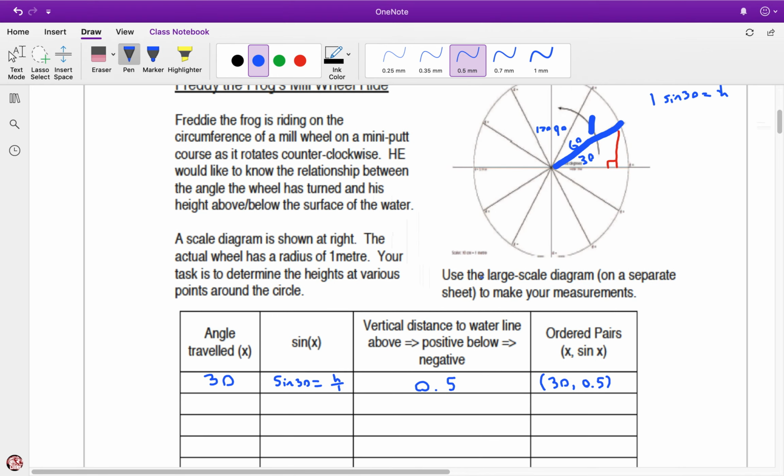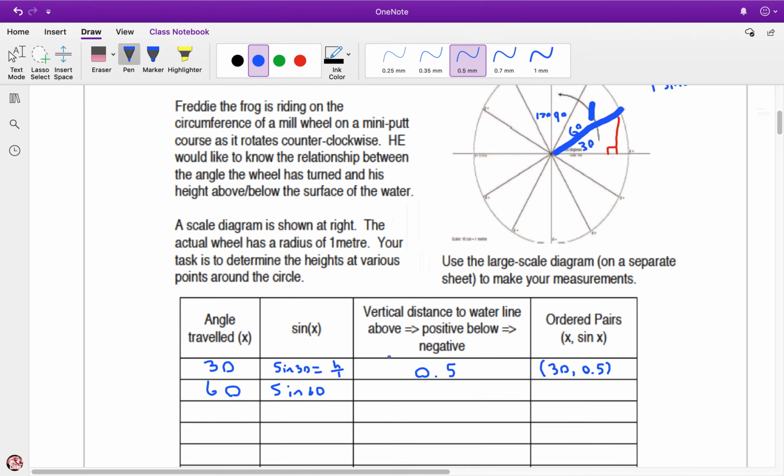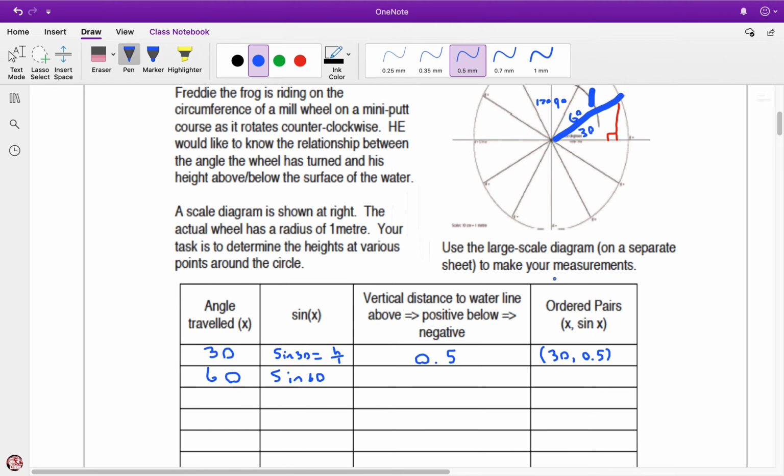So let's do the next one. The next one's 60. So 60 is going to go here. Then we're going to have sine 60. We only have to do sine 60 because we know we're just going to times it by 1 when we rearrange this formula. So what's sine 60 here?